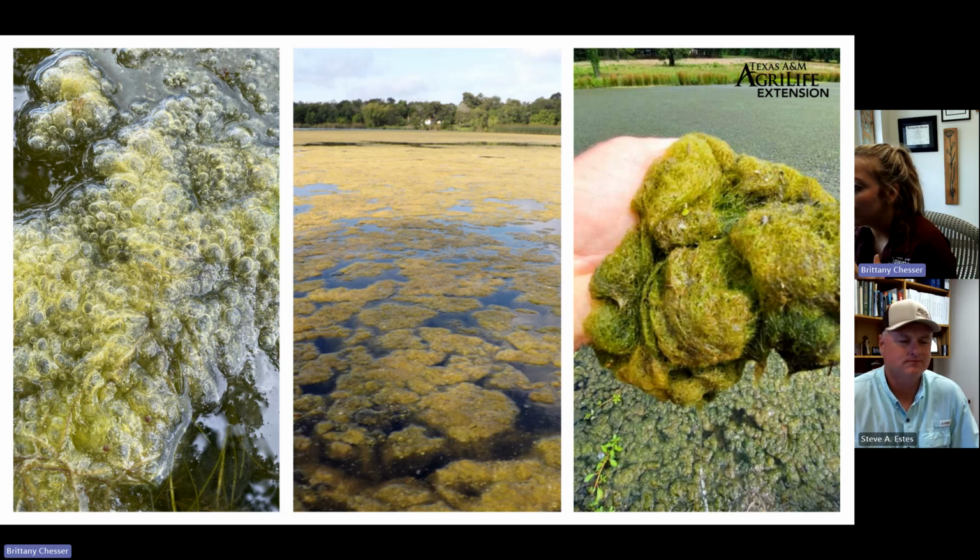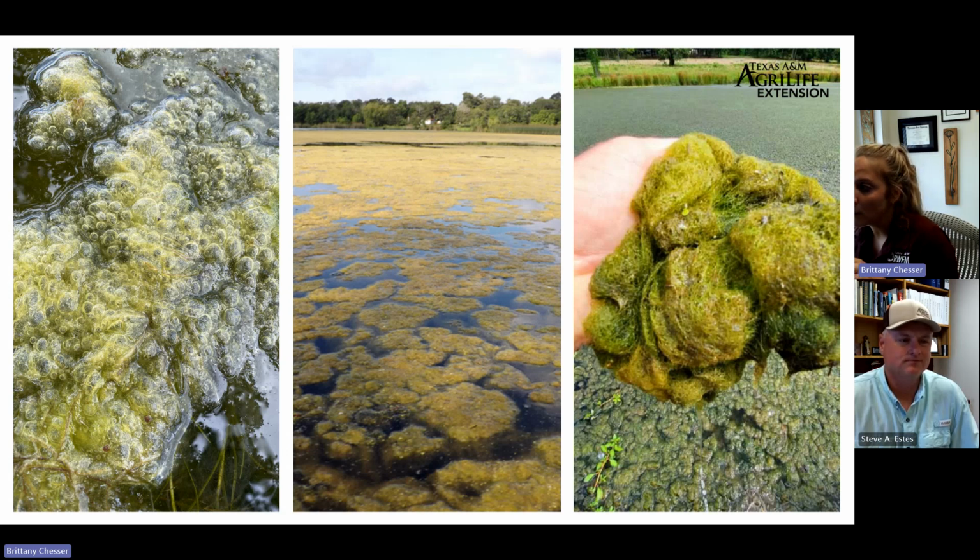And so that's one of our main strategies, using copper sulfate to target these healthy growing mats and then incorporating Mozambique tilapia maybe to help with when it's growing back, to help with some of that maintenance so you don't have to treat as quickly.